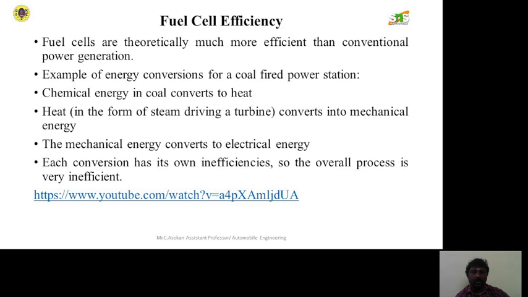Heat converts into mechanical energy, that means in the form of steam driving a turbine, and mechanical energy converts into electrical energy. Each conversion has its own inefficiencies, so the overall process is very inefficient.